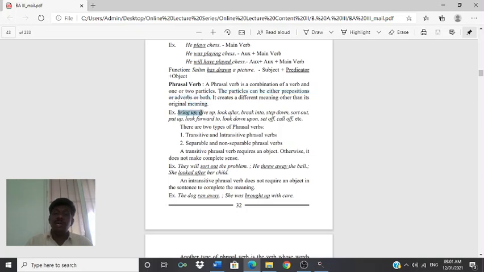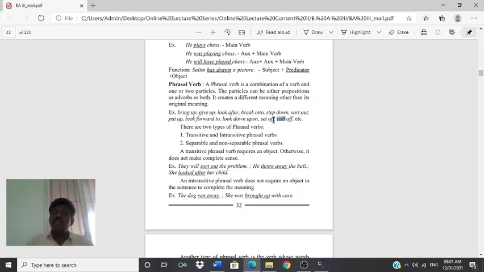For example, bring up, give up. When we add this preposition to it, give up, it is a totally different word. So this is a phrasal verb. Look after, break into, set down, sort out, put up, look forward to, look down upon, set off, call off.